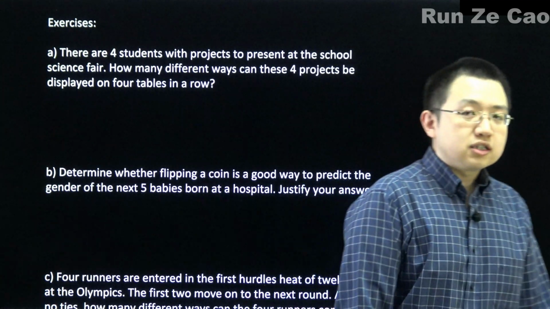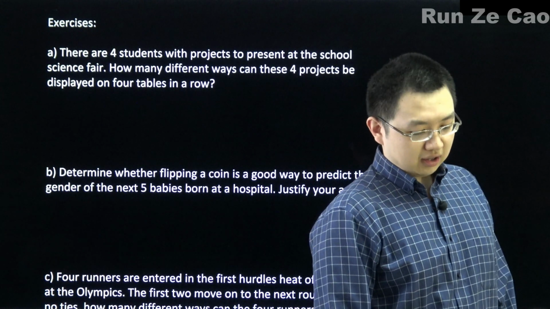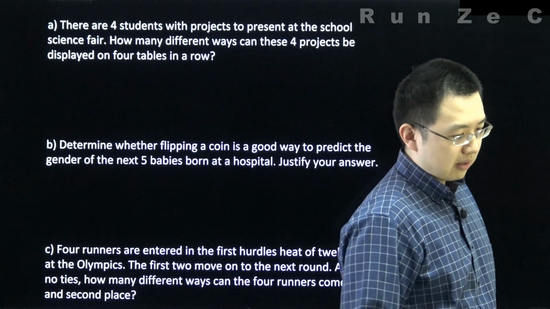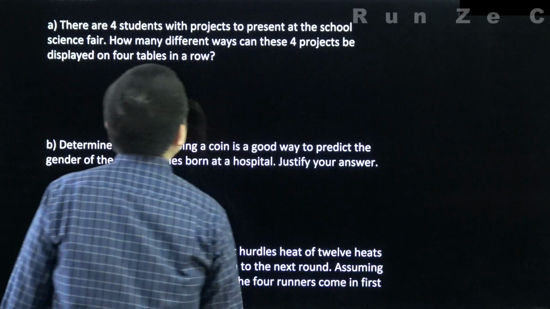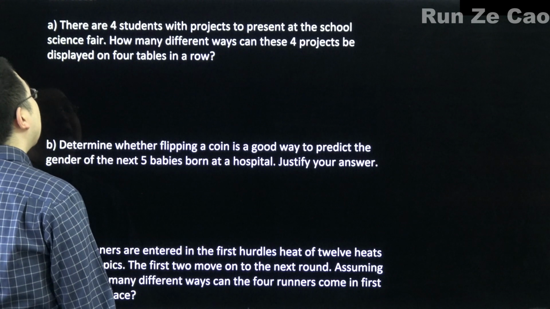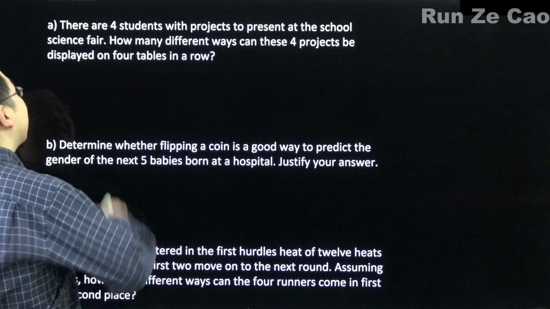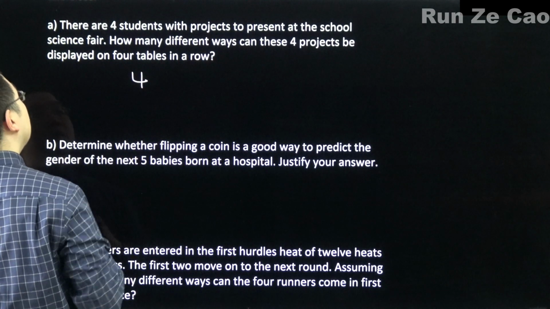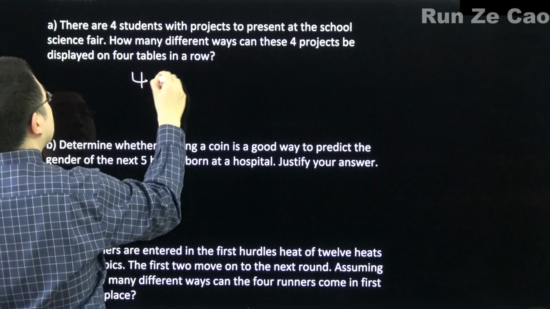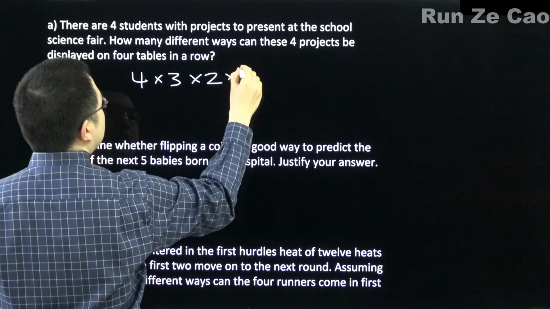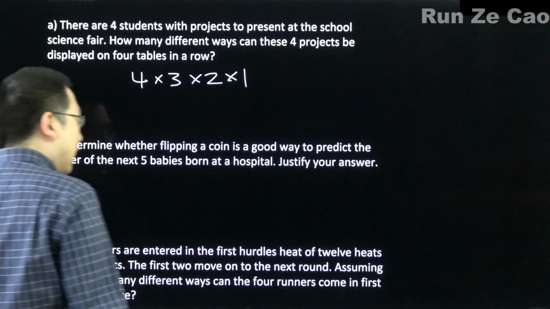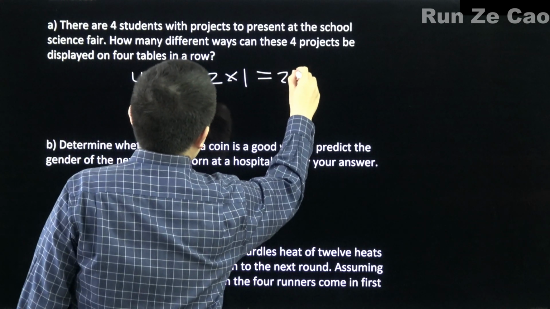But anyway, you actually have to know this sort of thing exists in schools around here. And this is solved by 4 pick 4, because there are 4 choices for your first table's person times 3 choices for your second table's person times 2 choices for your third table's person times 1 choice for your last table's person, which is 24 ways.